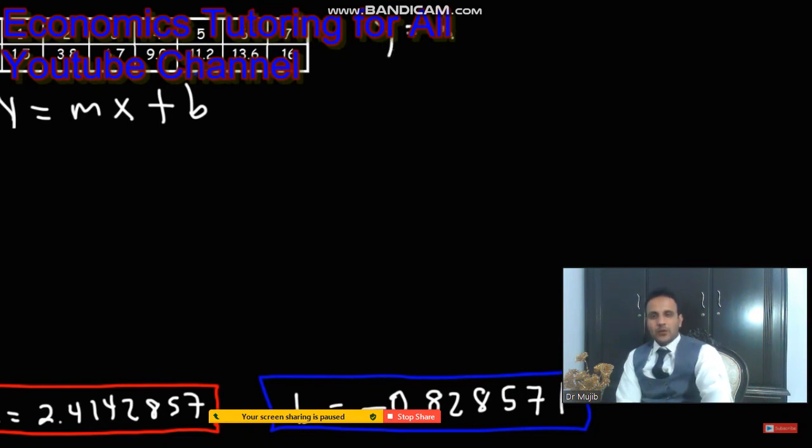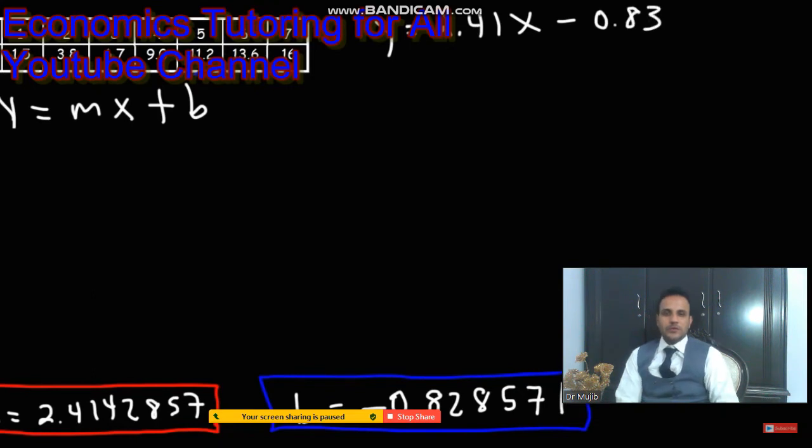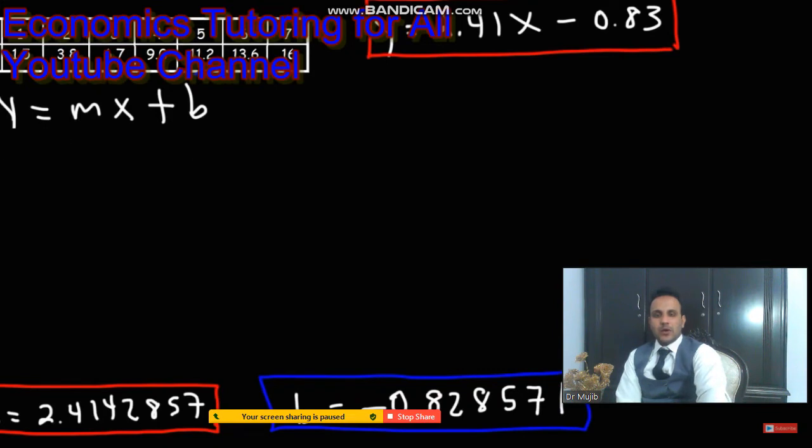Now putting the values of m, the slope, and the intercept in the model, y is equal to 2.41x minus 0.83. This is the calculated model. You can also calculate the value of y by putting the value of x in this model.